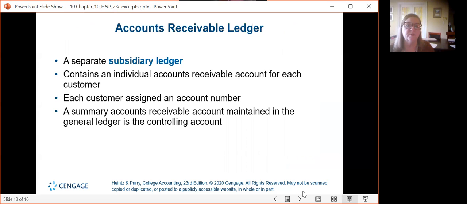So we have what's called a subsidiary ledger, and it is to record each individual client or customer's list of what they still owe us. So it's an accounts receivable ledger. We're going to play with some of these too, but this is a very important concept. This is basically a double posting, because we're trying to get the detail in the subsidiary ledger, but we're going to put only the total in the accounts receivable account, which is considered the controlling account.